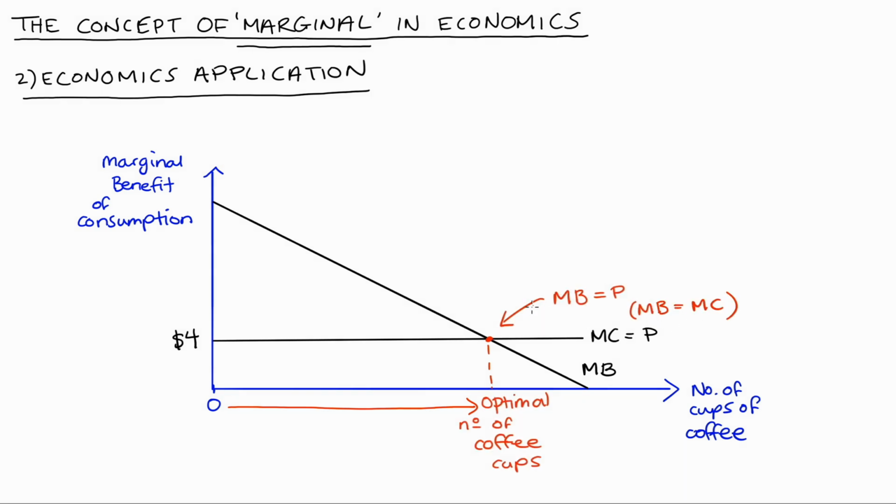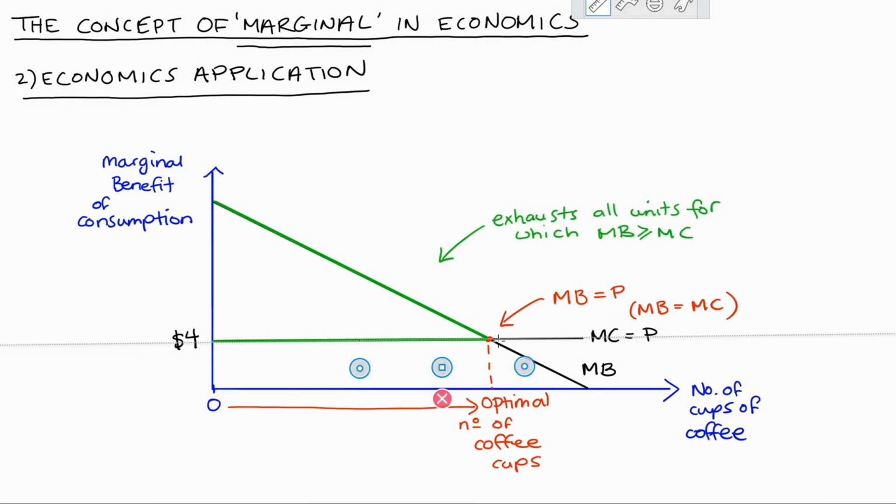Now, the reason why this is optimal is because this decision will exhaust completely all of our levels of consumption for where the marginal benefit is greater than the marginal cost. And it will make sure that the consumer never consumes where our marginal cost is greater than the marginal benefit.